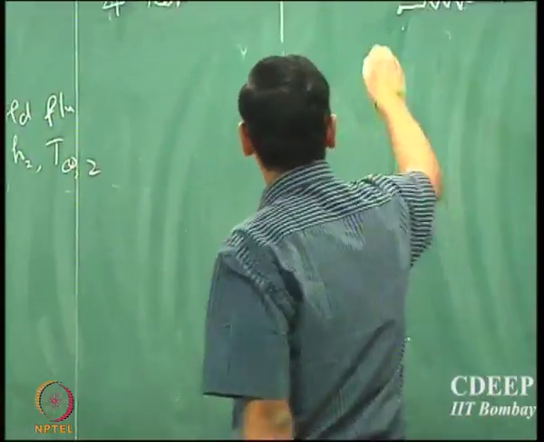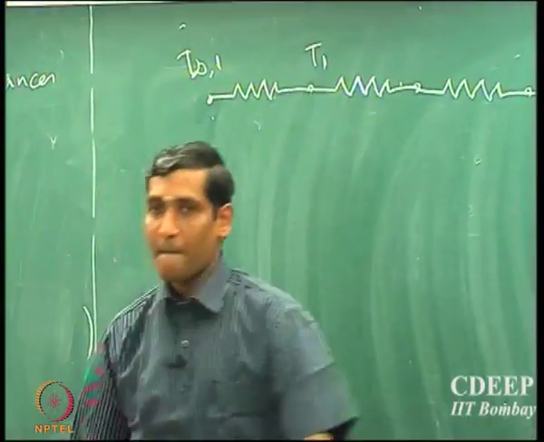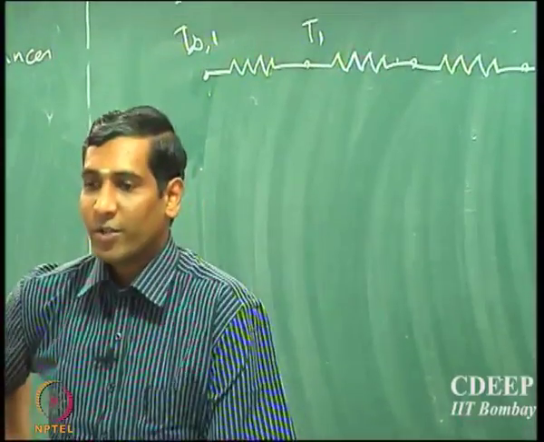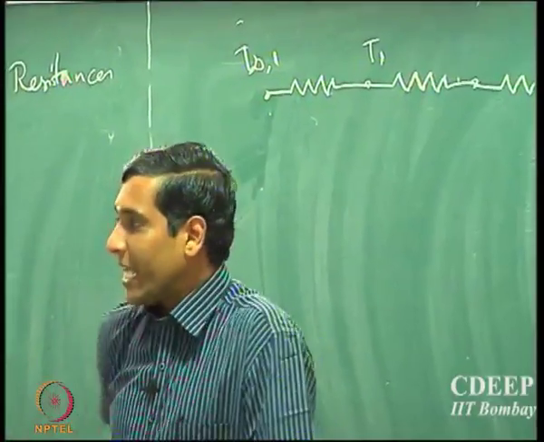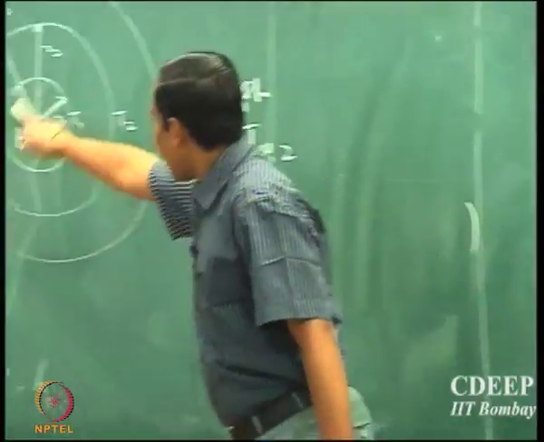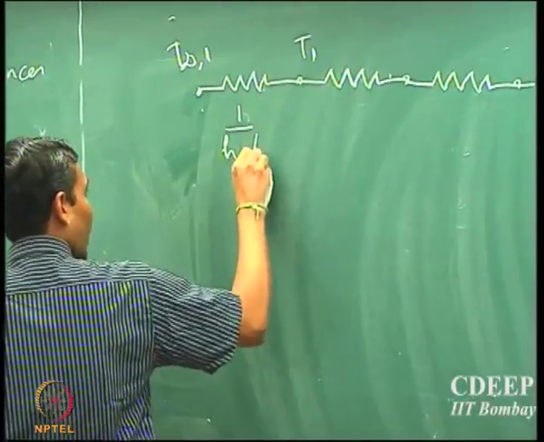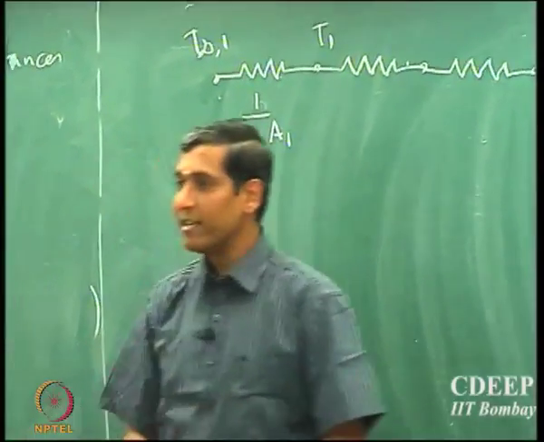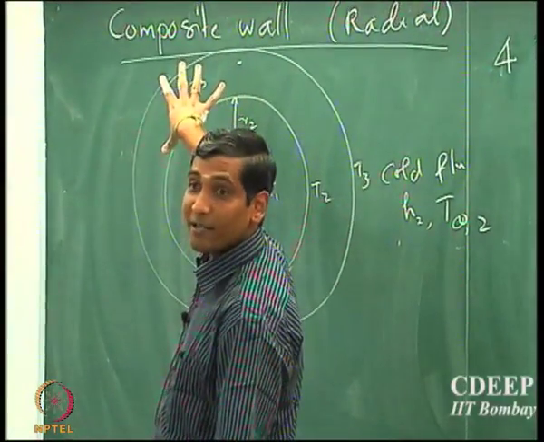Okay, so what are the resistances? What's the first one? T infinity 1 and T1. What's the first resistance? 1 by H1A. Now what is the area? So I should say 1 by H1A1. Note that the area is now different in the inside and the outside.